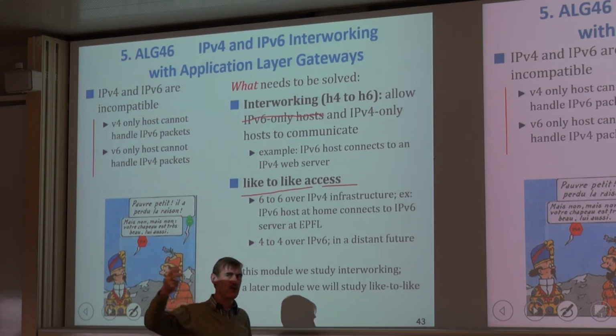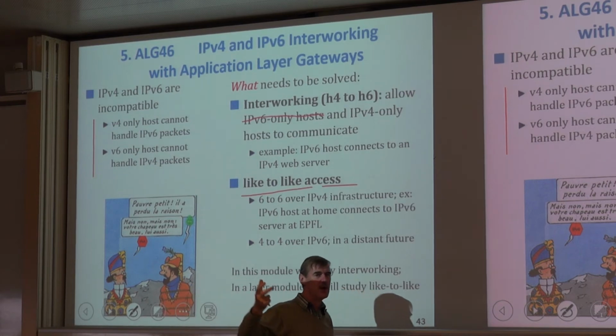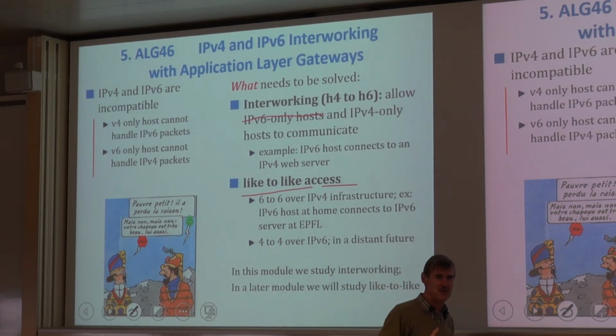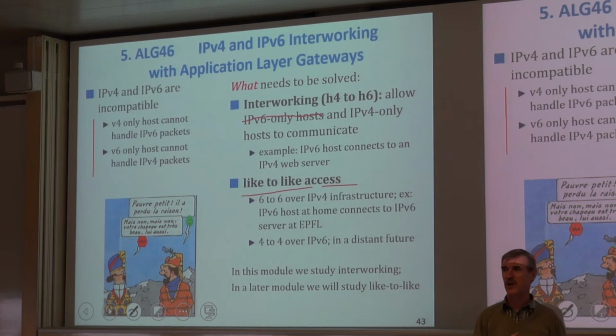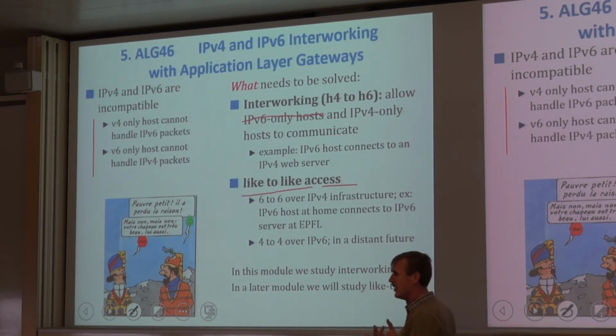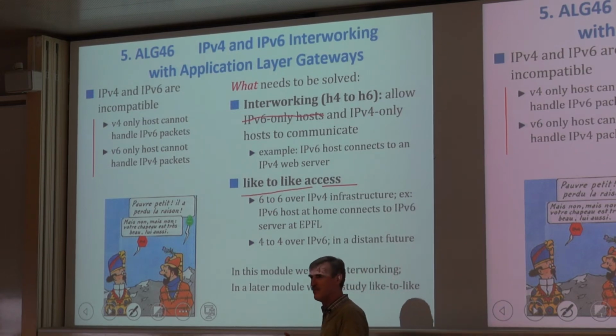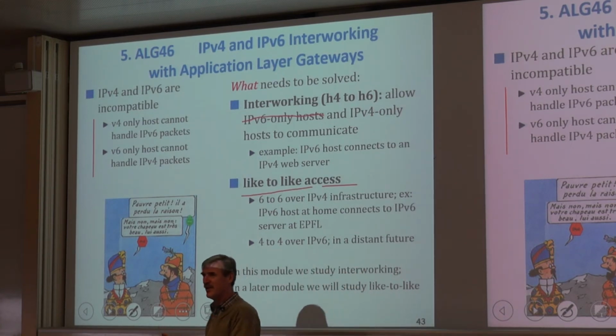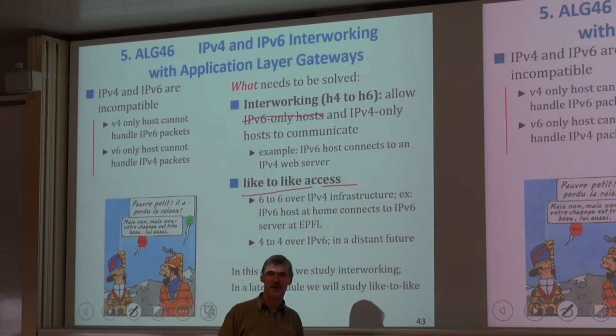I go to a web server in a part of the world where there's no IPv4 addresses, so that server has an IPv6 address only. How do I talk to that server? In principle, it's impossible, but it's completely unacceptable that it's impossible, right? You still want to get that, so we need to find a solution for that. That's the interworking.